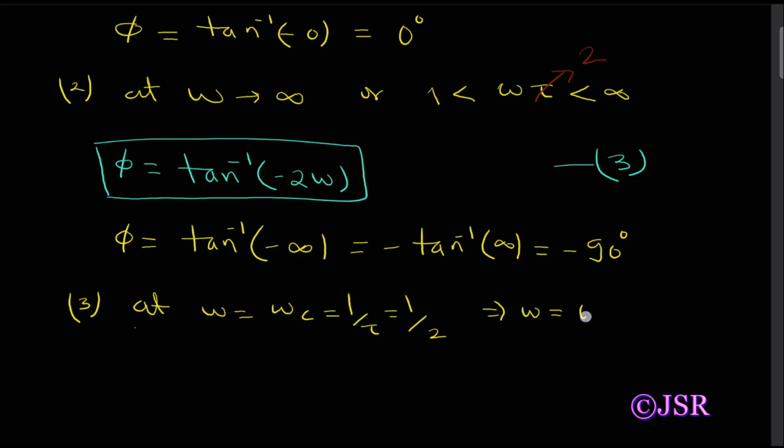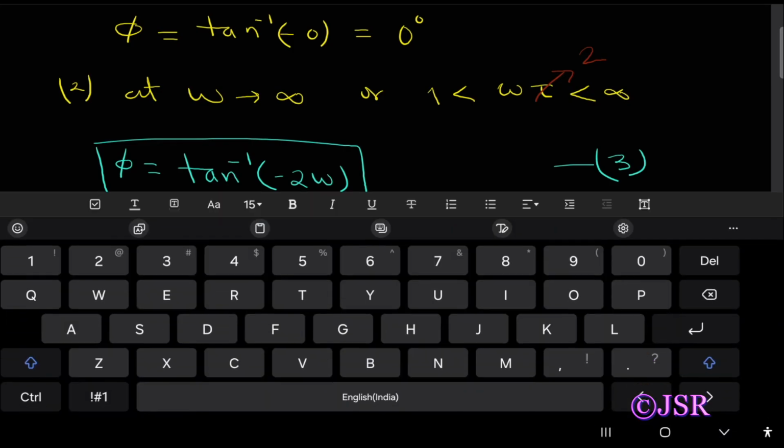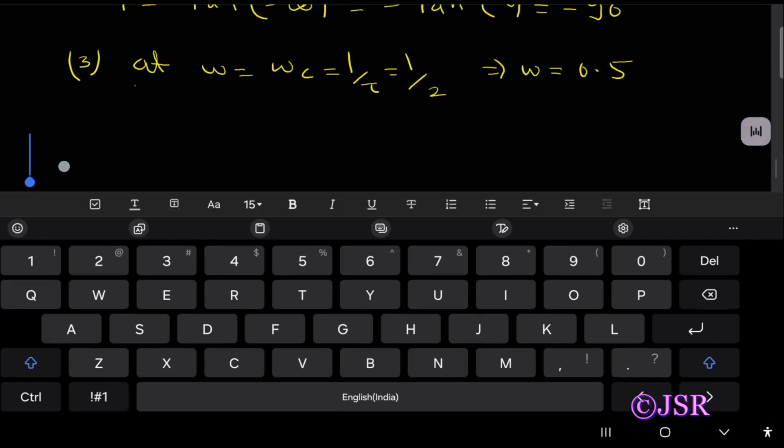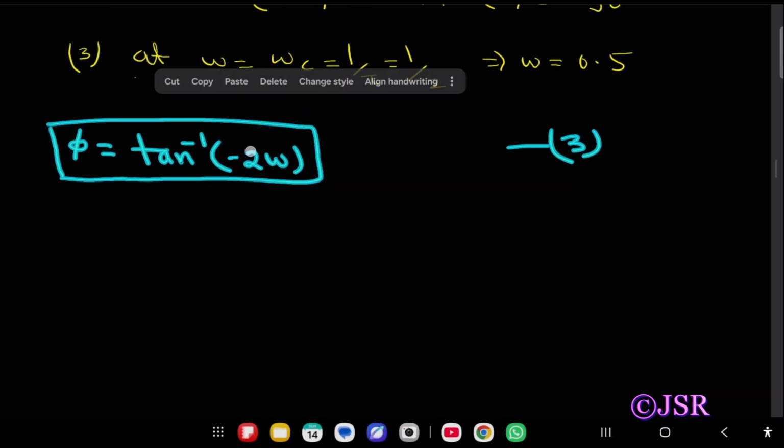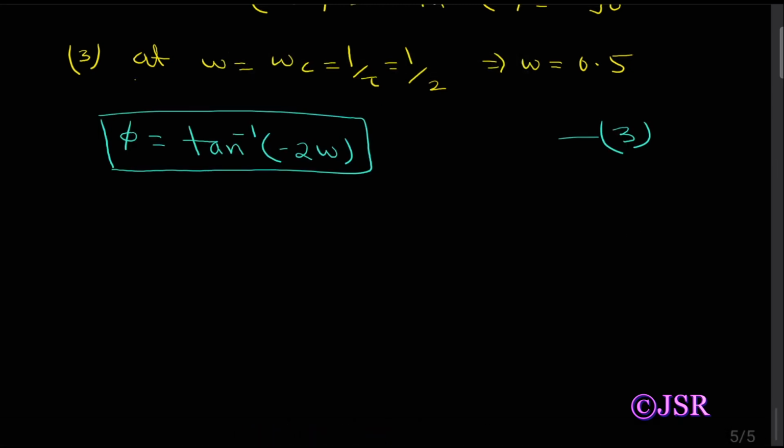So when omega equal to 0.5, in that case phi will be equal to tan inverse minus, so this omega tau is equal to 1, and that is minus tan inverse of 1, and that is minus 45 degree.